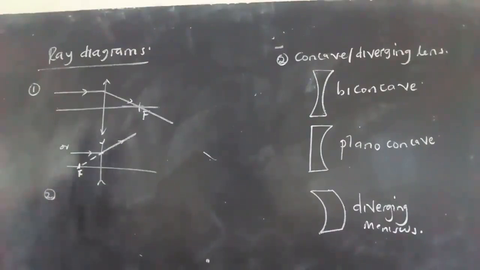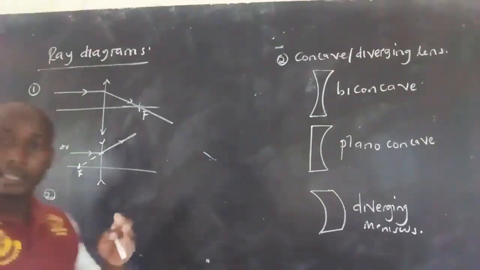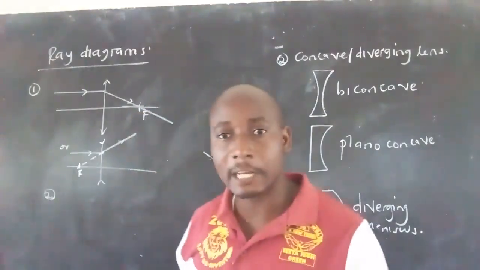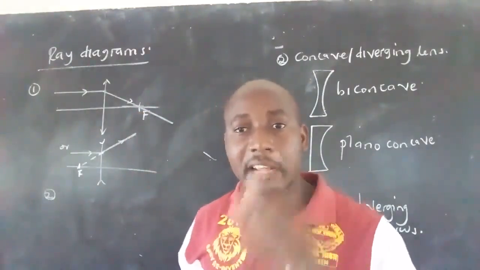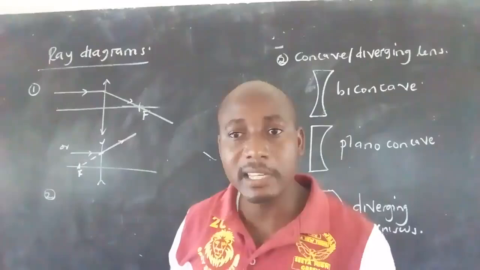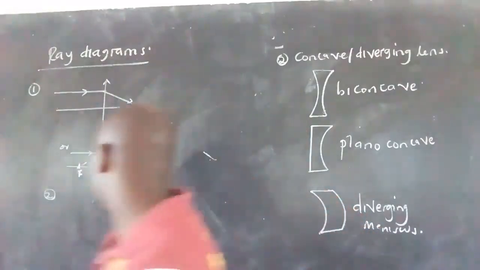Number 2, a ray passing through the center of the lens, the optical center, passes through undeviated. Undeviated means that it does not bend.